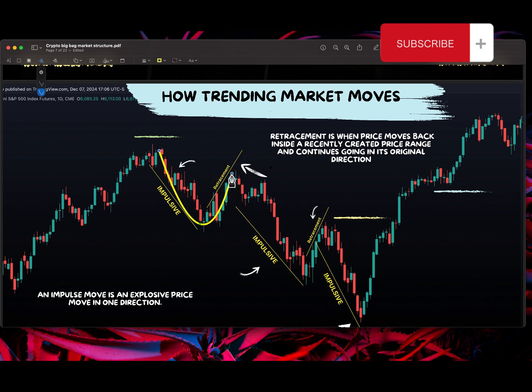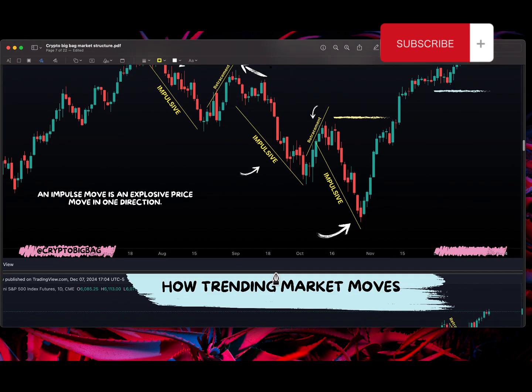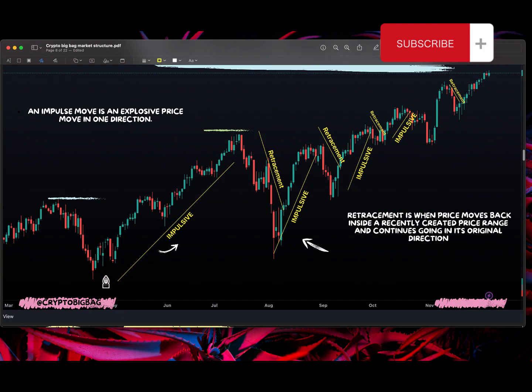A move back is called a retracement, then price continues in the original direction. An impulsive move is an explosive price move in one direction. You understand? Now on the other side, I will show you why it's an impulsive move.